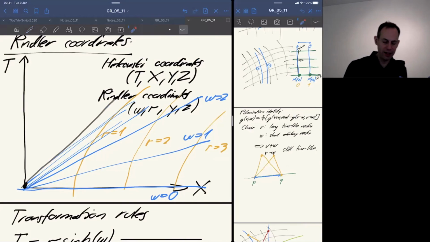And the interesting thing now, if I would emit light at this point, it would make this trajectory. And if I'm now this observer who accelerates at the constant acceleration a, this light ray will never hit me. Right? The light ray will go up here, whereas my accelerated line here is just a hyperbola, which never reaches that point.